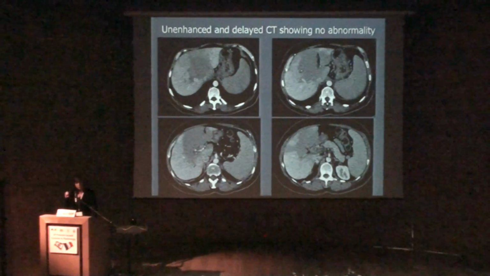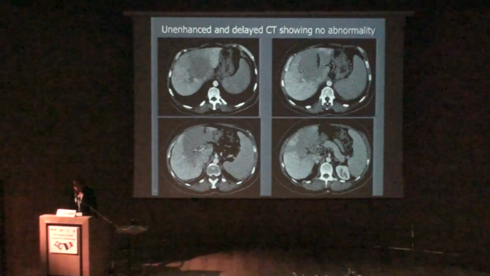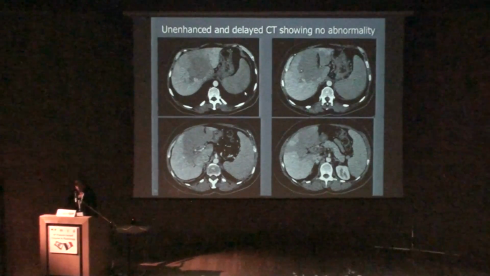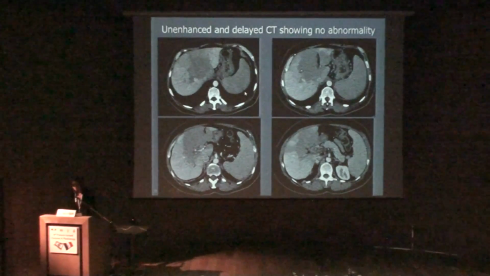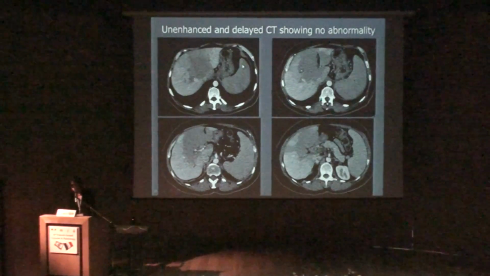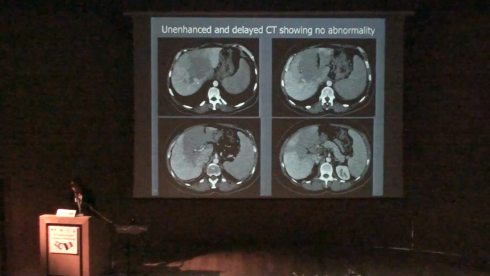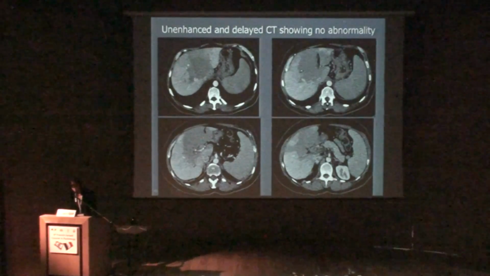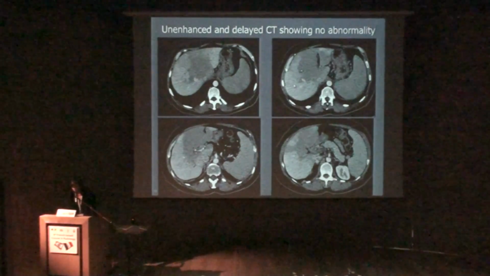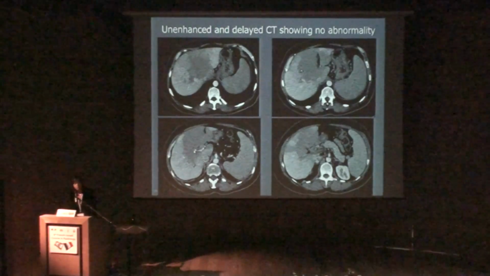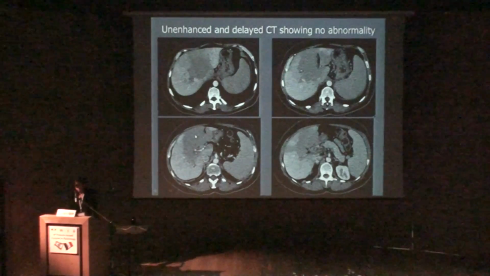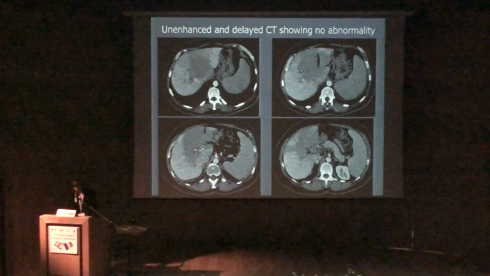So the only very striking findings were seen here on the contrast-enhanced imaging, where we do see differences between the central liver, which is here hypoattenuating, and the peripheral one, which shows marked enhancement on arterial phase imaging. Is it a tumor or a pseudotumor, and can we explain that?